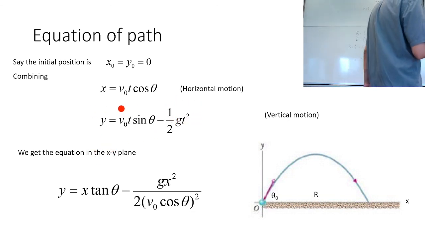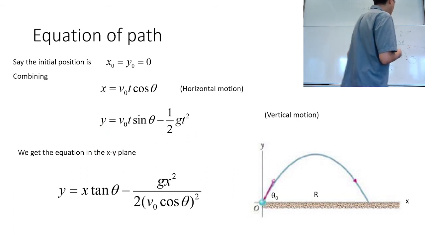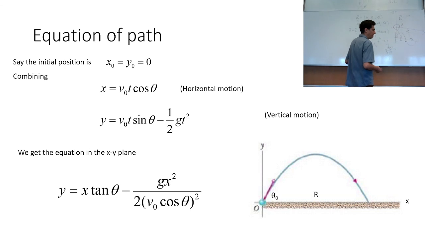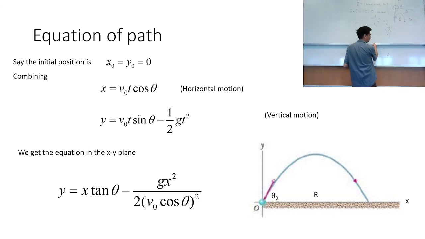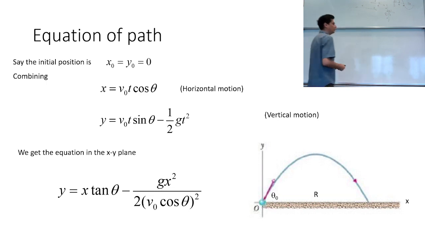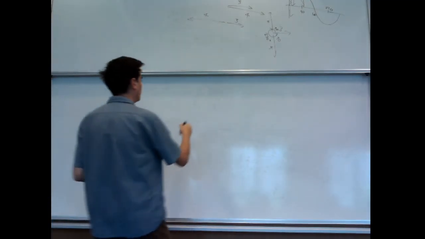Okay, so we can eliminate t from these 2 equations. What we want is an equation that gives you the path of the actual trajectory. So it's a simple substitution exercise.